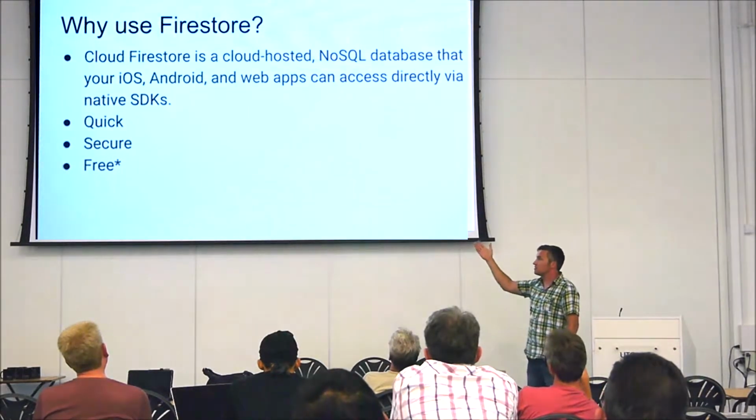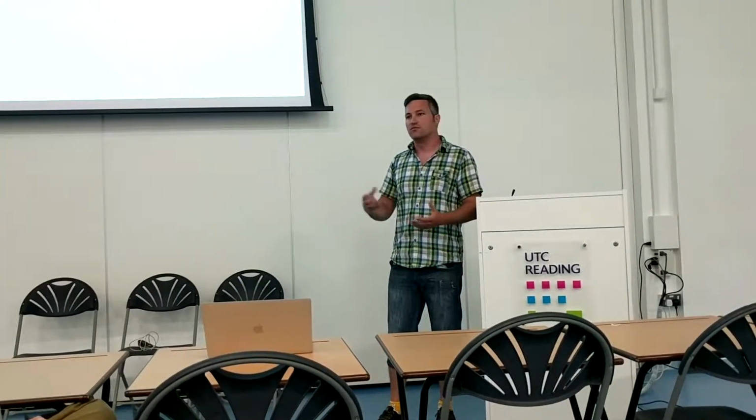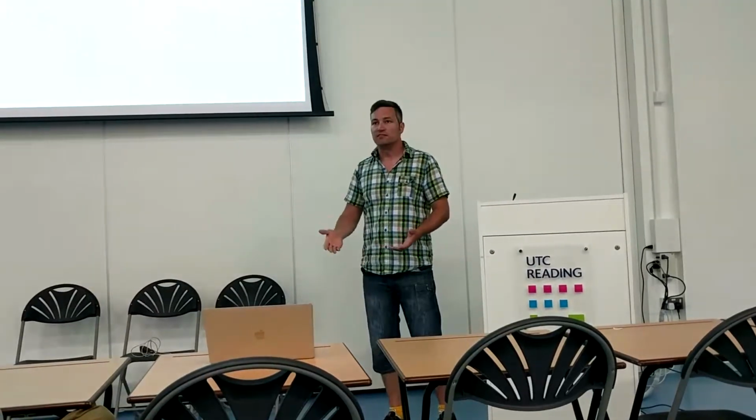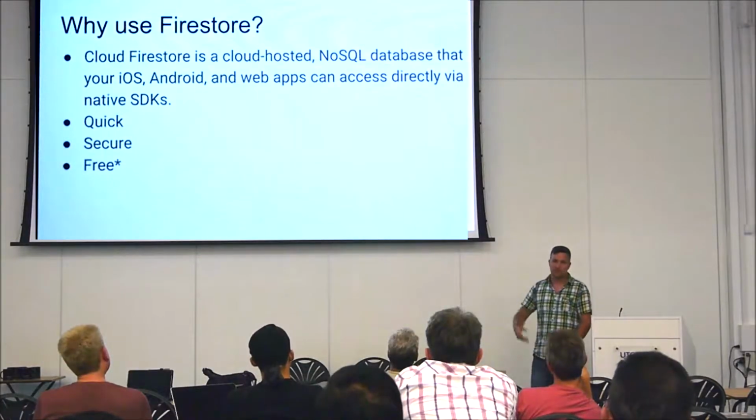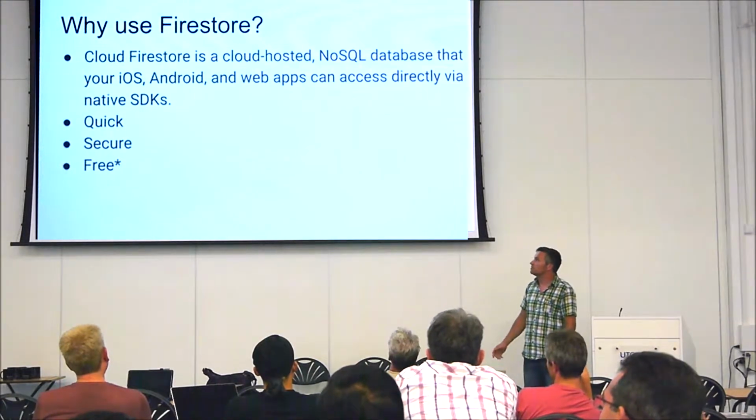And the best things are that it's quick, and it's secure, and it's free. Free's got a bit of a star there. You can pay $25 a month, and you'll get more storage, more queries to the database, and more runs of the functions per month.